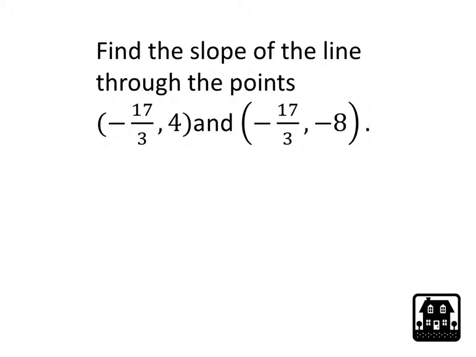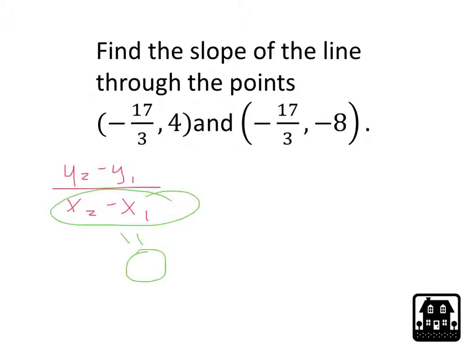The other reason is when you use the slope formula, you subtract the x values in your denominator, right? You have y2 minus y1 over x2 minus x1. But if x2 and x1 are the same value, then your denominator is going to be 0.